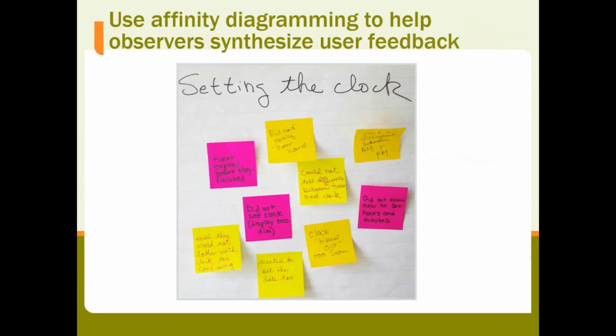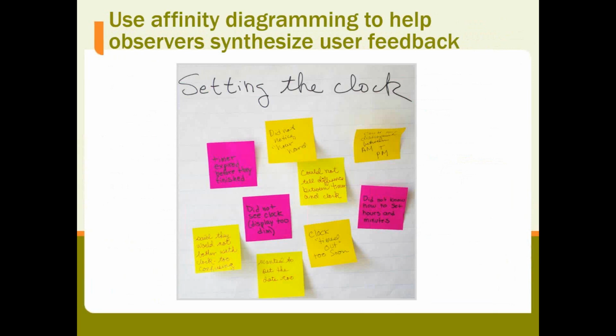Now, another method, and we learned this in the class, is affinity diagramming. Instead of having people write what they're noticing in an Excel spreadsheet, you give everyone a set of sticky notes, and they record the issues that they're seeing. You collect the sticky notes at the end, and you use a different colored sticky note for each participant.